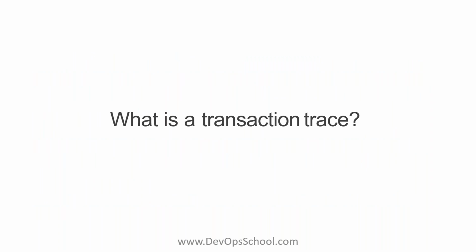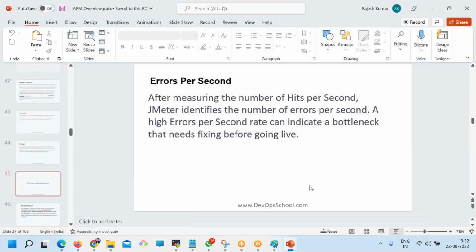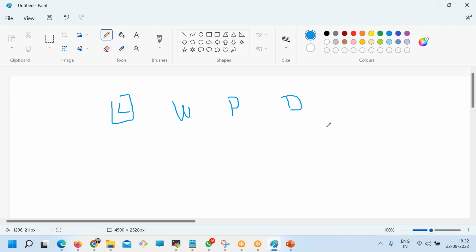Okay, what is the transaction trace? I'll put it in this way. When you go to the load balancer, then web server, then application server and database server, maybe third-party libraries also, I'm not including them right now, this whole thing is one transaction, which we call a trace.